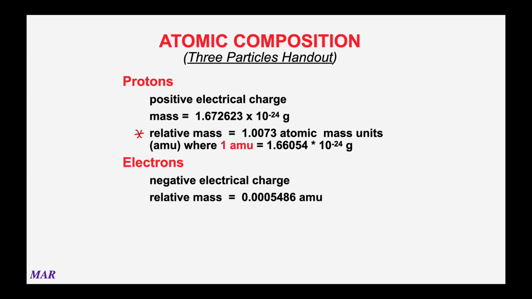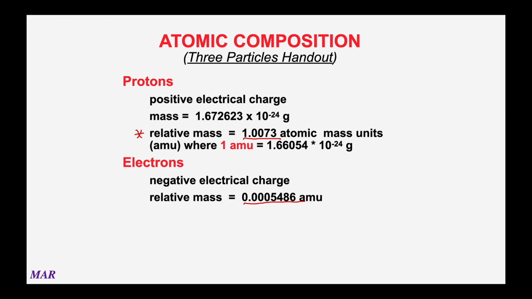Now, look at that thing. The relative mass of the electron, 0.0005486. Now remember, that's AMUs. The proton, 1.007 AMUs, and the electron 0.0005. So the electron is really small compared to the proton, all right?